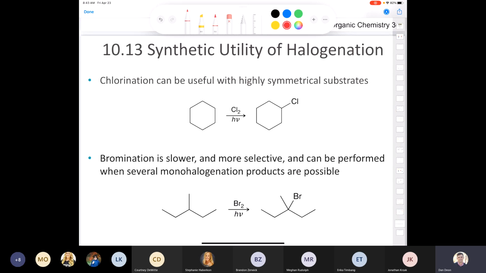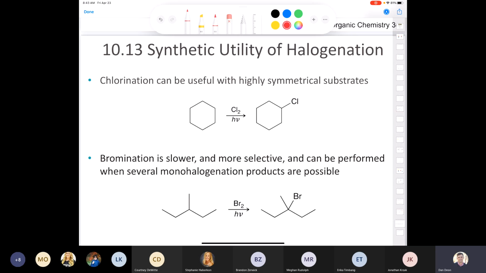The only time that chlorination is going to be really useful for a synthetic organic chemist is when she or he is starting with some kind of substrate that is perfectly symmetrical, right? If you have a highly symmetrical substrate like cyclohexane and you treat it with chlorine, well, there's only one type of carbon-hydrogen bond in the whole molecule. So in this case, chlorination would work.